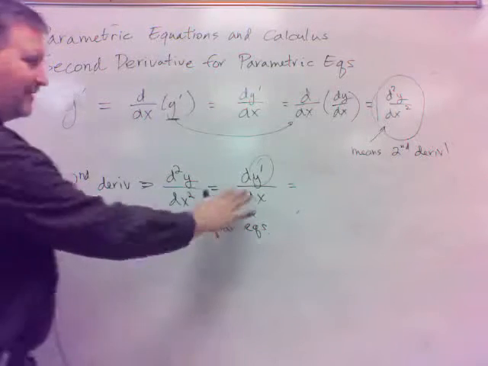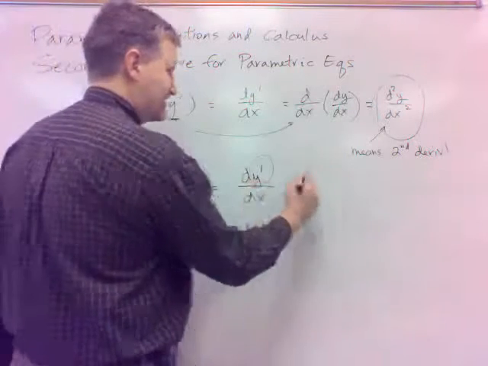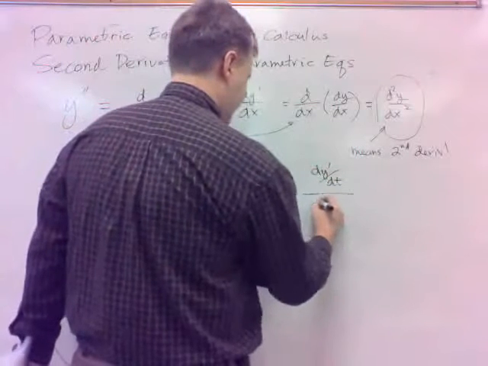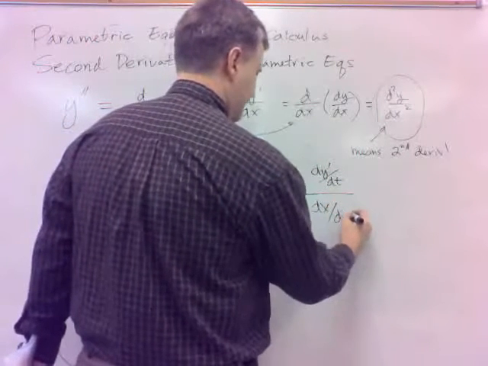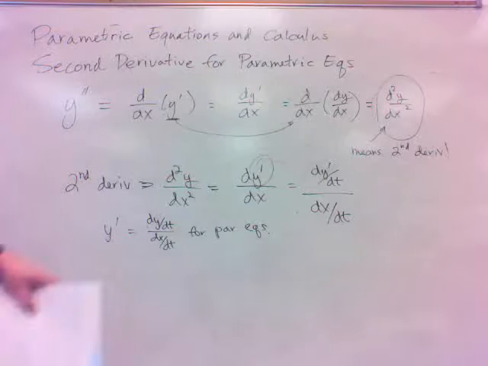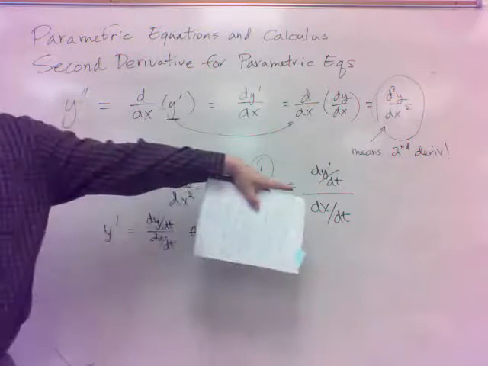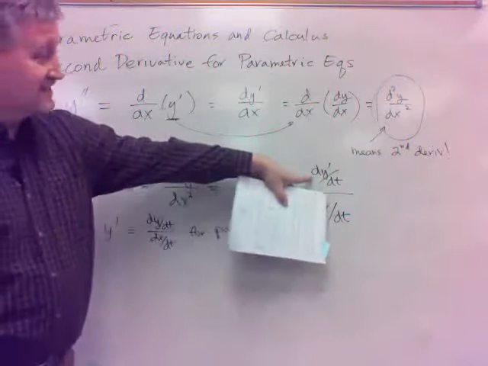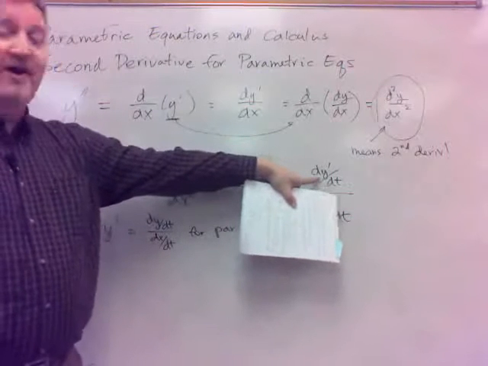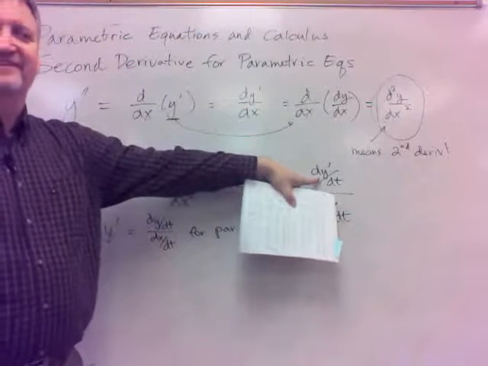Okay? Well, isn't this then parametric? Here's what I've got. If I go to parametric, in other words, the x is in terms of t, the y is in terms of t, isn't this what I would have? What does this mean? This is the derivative with respect to t of the derivative.